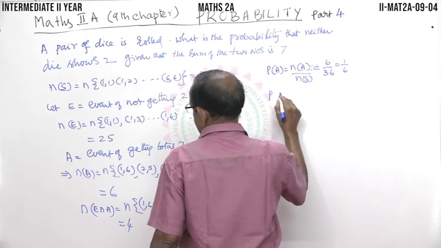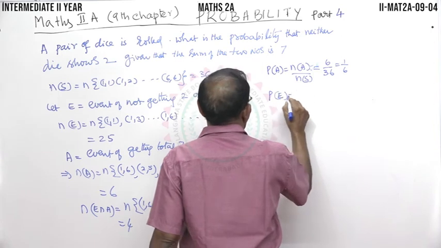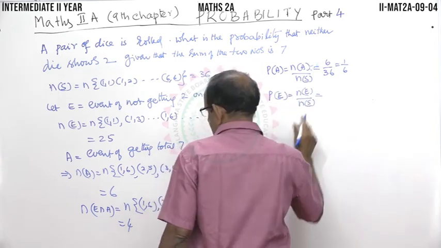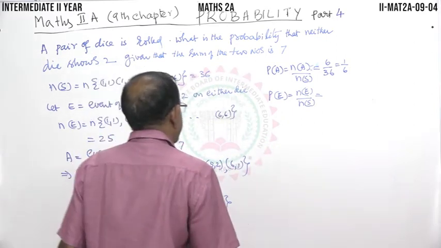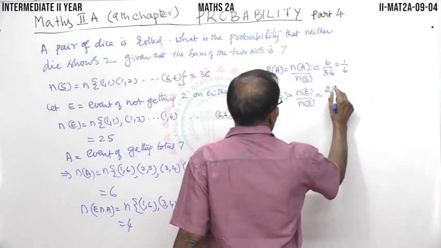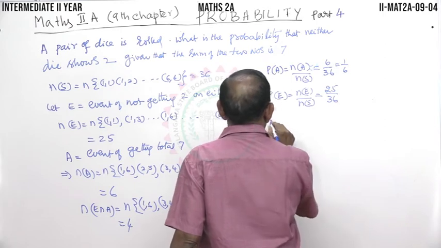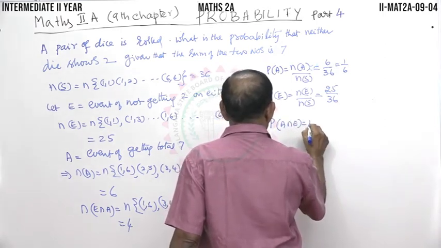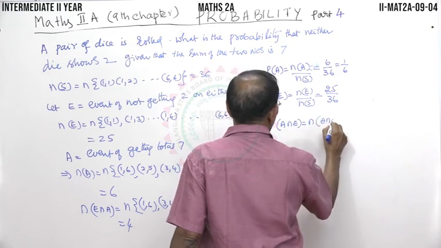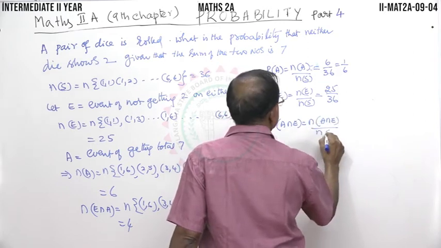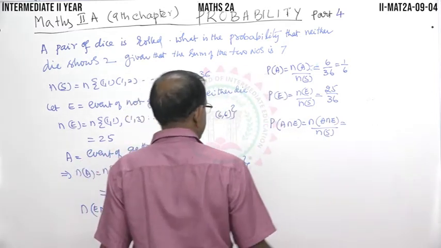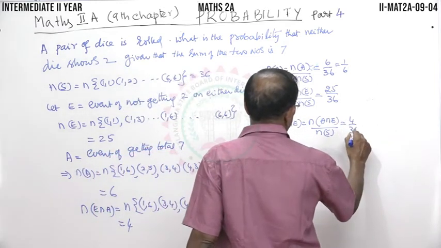P of E, N of E by N of S. N of E is 25 by 36. And P of A intersection E, N of A intersection E by N of S. That is 4 by 36.